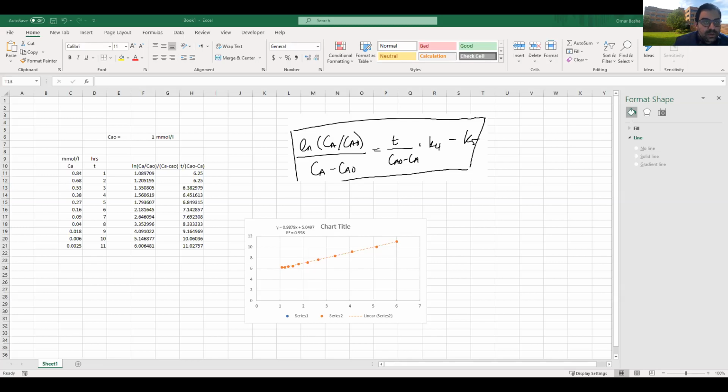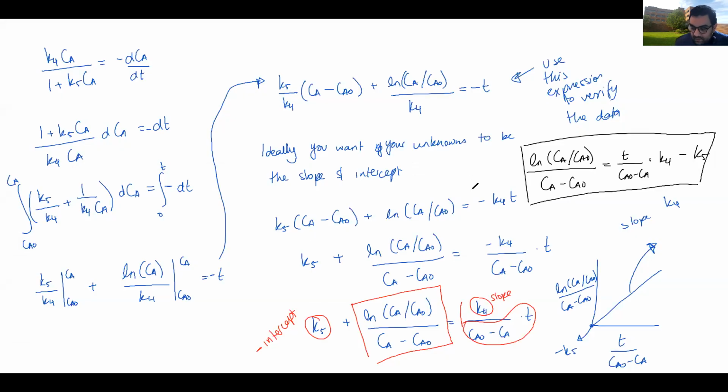Okay, so now let's go back and evaluate the two constants we were looking for from this problem. Let me go back to the whiteboard. We were able to find the slope. Let me change the line to red. So we found K4. Let me save, and then let me erase this chunk right here so I can do some work.